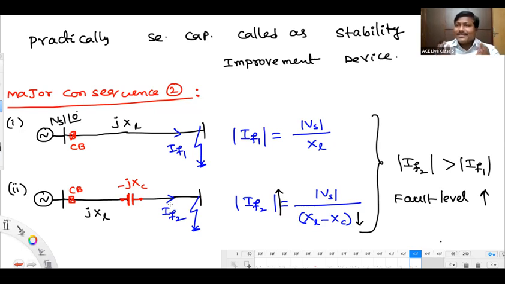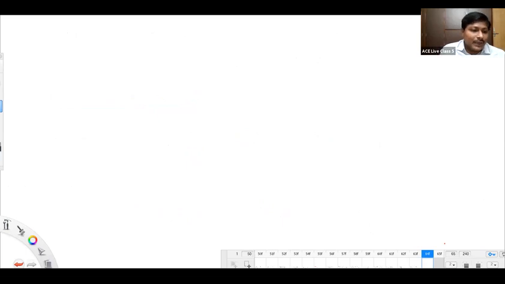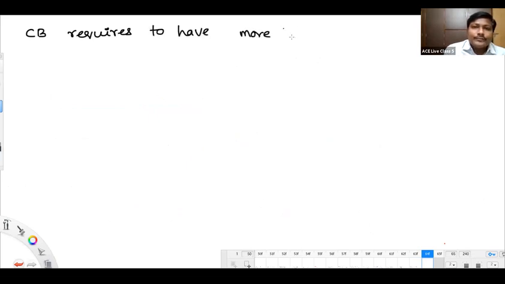So obviously the size and cost of the circuit breaker definitely get increased after the addition of the series capacitor to the circuit. As the fault level is increasing, the circuit breaker requires more breaking capacity.